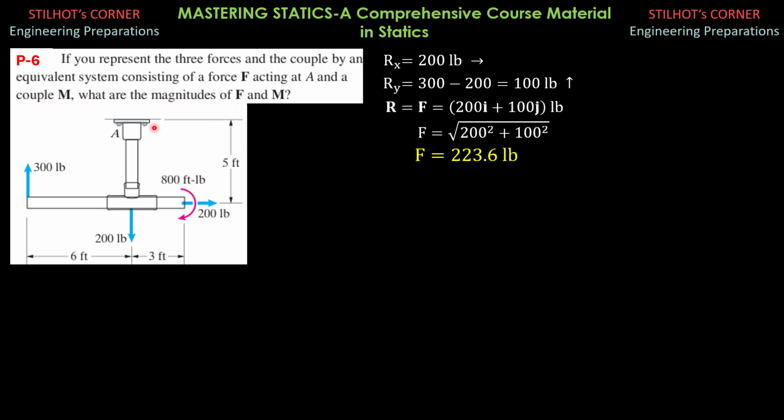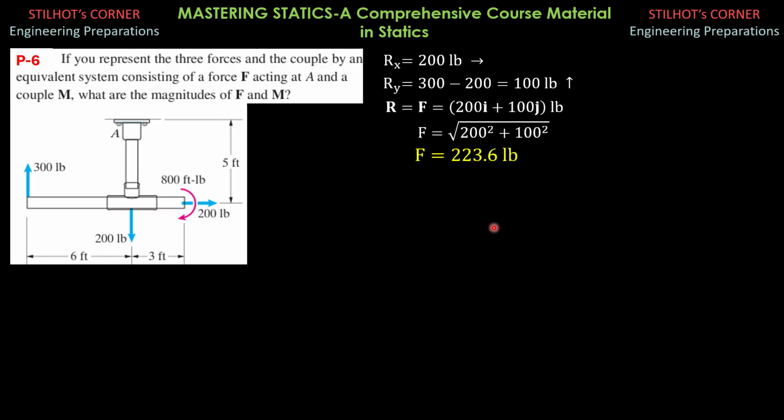For the moment, we consider counterclockwise positive. So 200 times 5, that's counterclockwise. This 200 pound here has no moment about A because its line of action passes through A. Then 300 times 6 is clockwise, so that's negative. Then 800 is also clockwise, so that's negative.